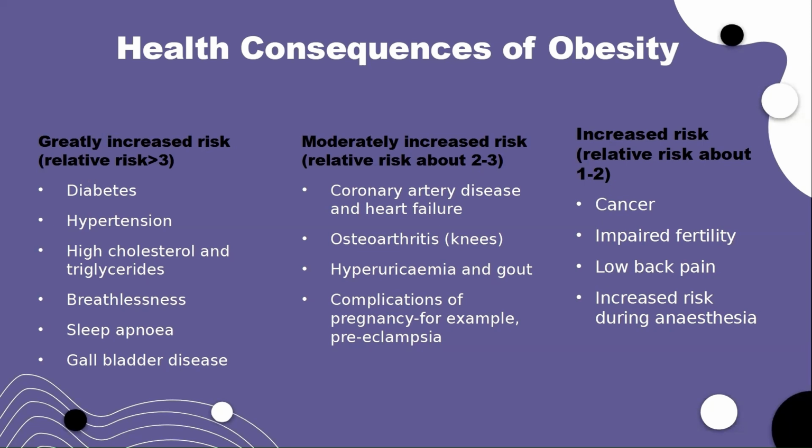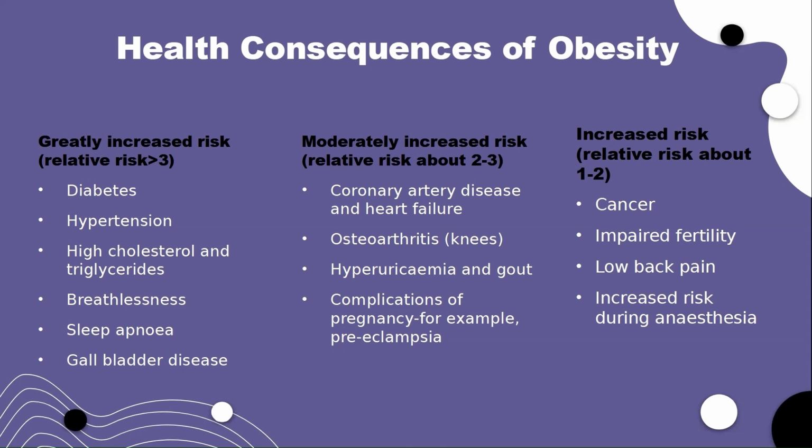And we can break down the health consequences of obesity to increased risk, which is about 1 to 2, moderately increased risk, which is about 2 to 3, and greatly increased risk, which is about more than 3. And so as you get heavier and heavier, you do have a slight increase for the different kinds of cancers, such as abdominal cancer, especially if your waist circumference is high.